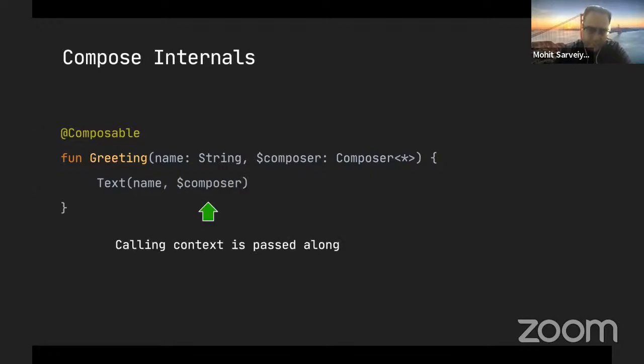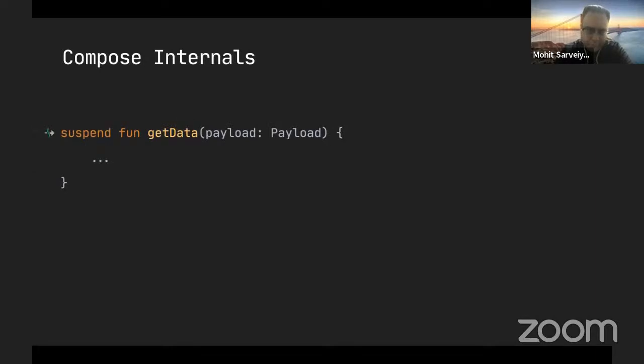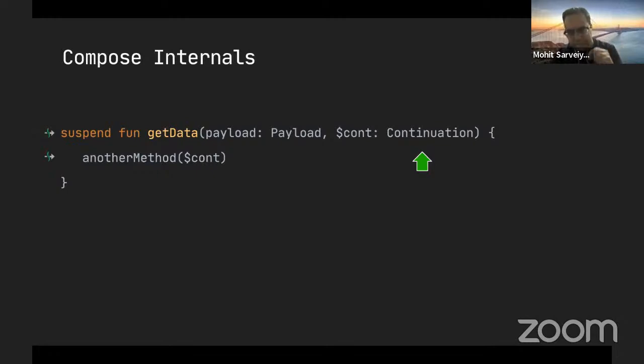So it passes it to another composable method that's inside there called, for example, Text, and it passes that same Composer along. You'll see this idea also in suspendable functions, where the Kotlin compiler actually adds a Continuation object, and it passes that along to other methods. This is the same idea.